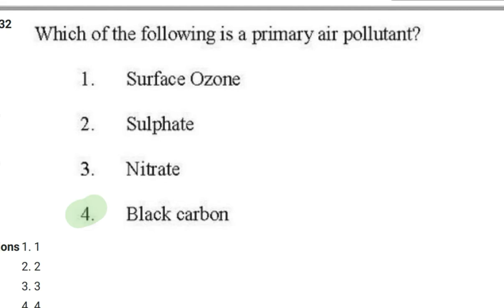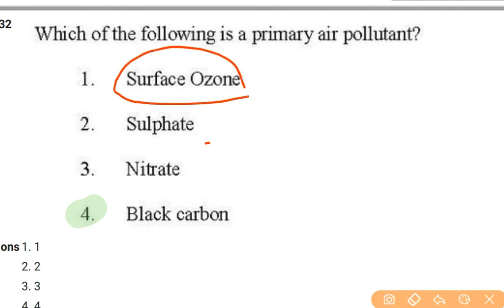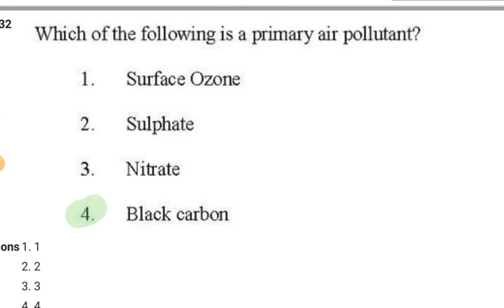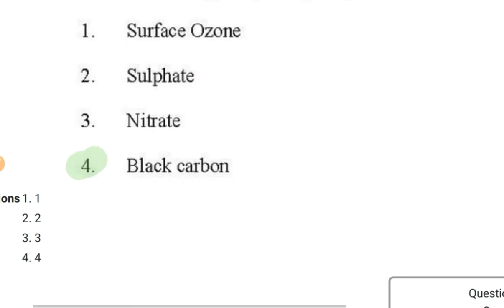Surface ozone, sulfates and nitrates are secondary air pollutants because they are generated by the reaction products of some primary air pollutant. So black carbon is the primary air pollutant.